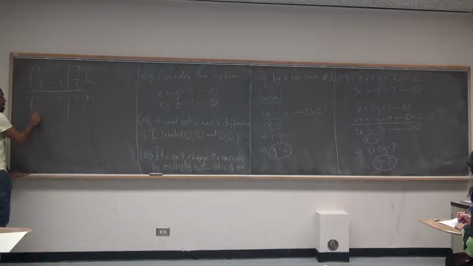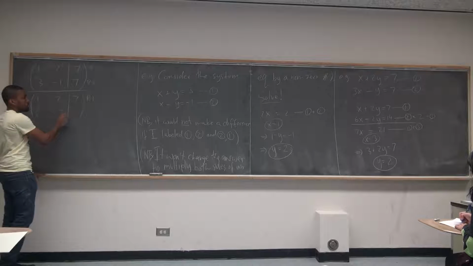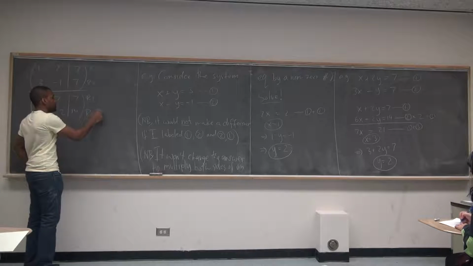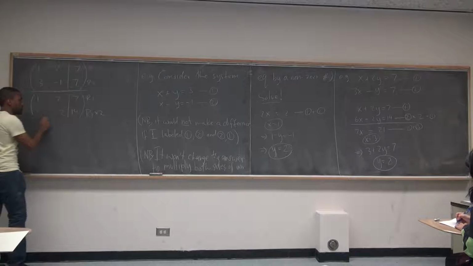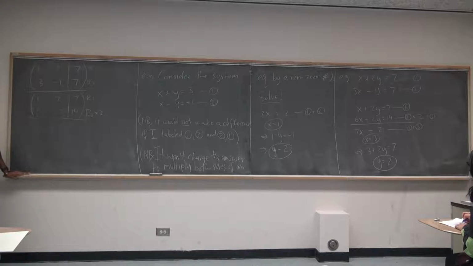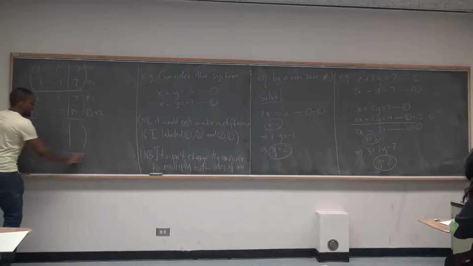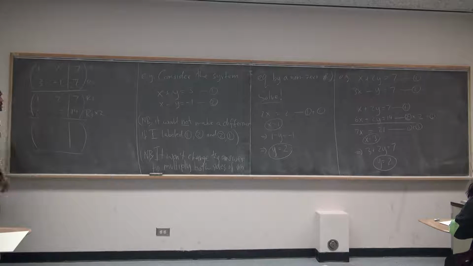I got a 6, a minus 2, and a 14. Now this was actually row 2 times 2. That would be the second thing that I did, just breaking it down into very elementary steps. What did I do next? I added things. How did I do that?